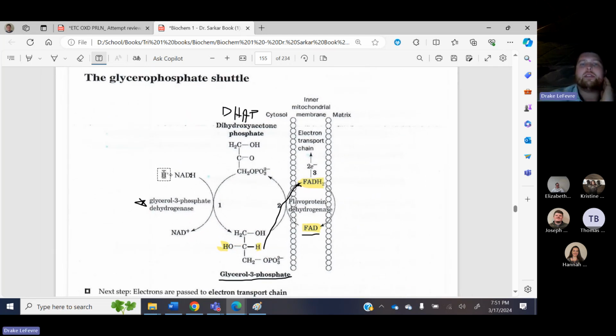The way this one works is we take the NADH, we have glycerol 3-phosphate and dihydroxyacetone phosphate, which are part of our glycolysis. These are used to transport electrons across the membrane, and it gives them to FADH.